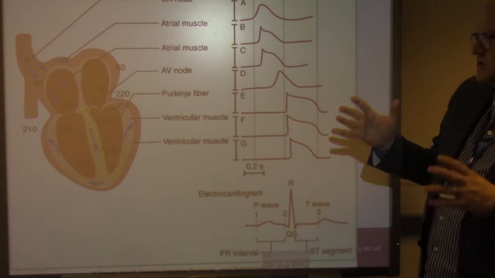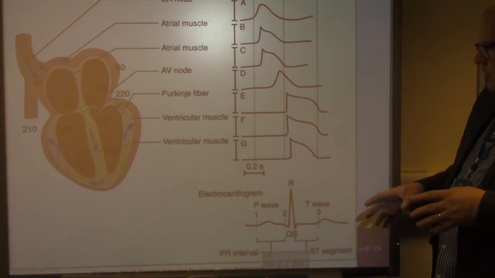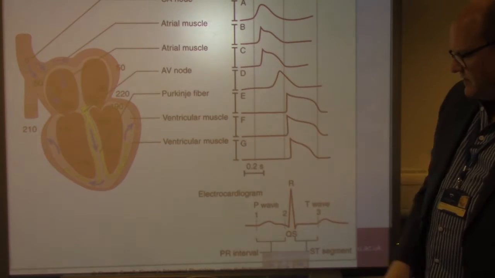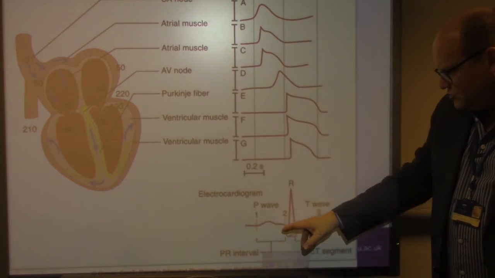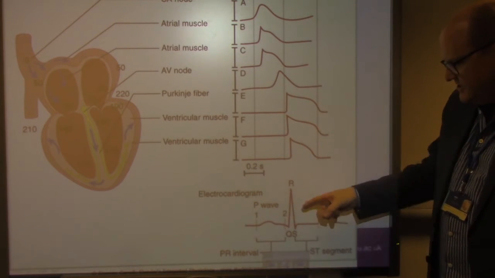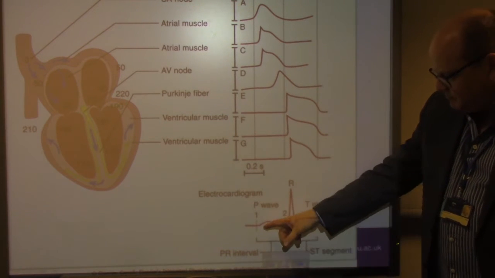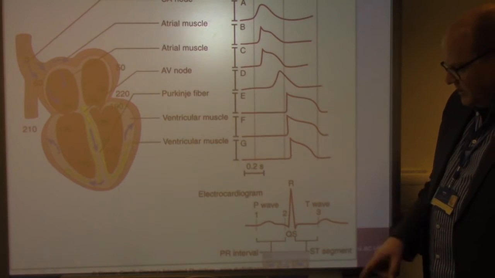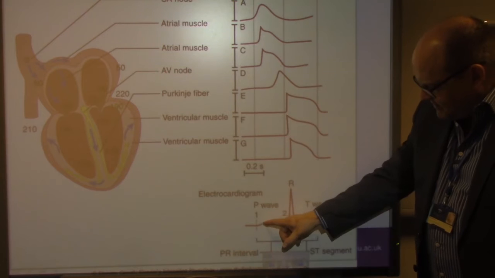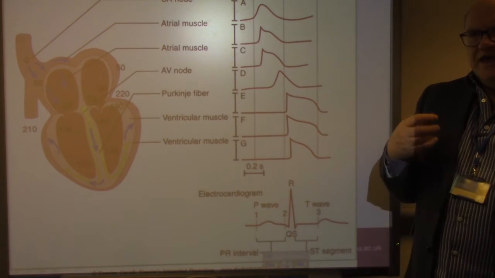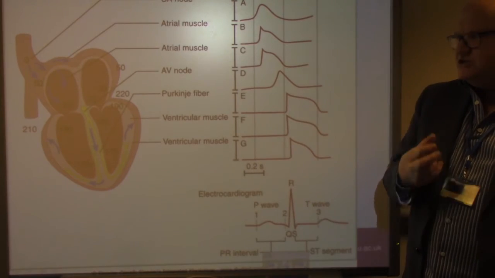the heart. So what we've got here is the electrical changes that are moving across the surface of the heart in relation to the electrocardiogram down here in the bottom right hand corner. The ECG trace is made up of the P, Q, R, S, T components. So we've got the P wave at the beginning here. Now the P wave is when the atrial depolarization is happening.